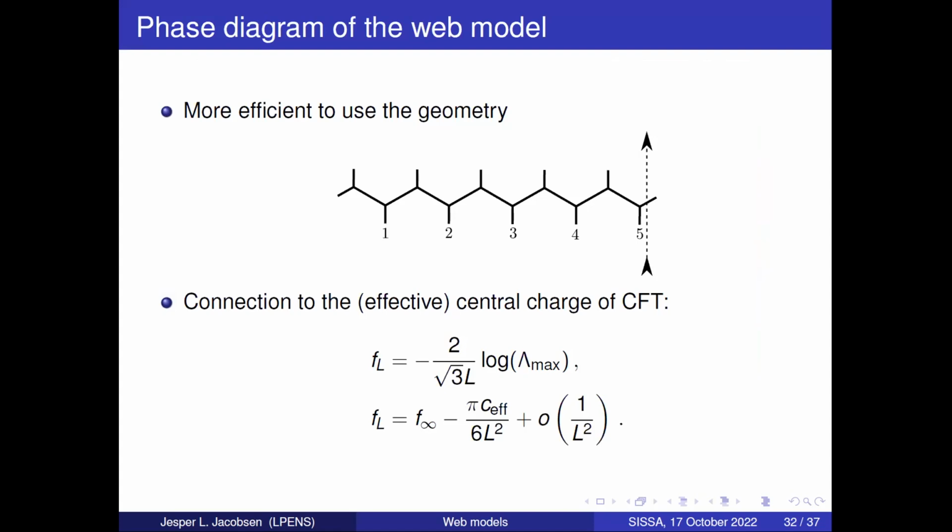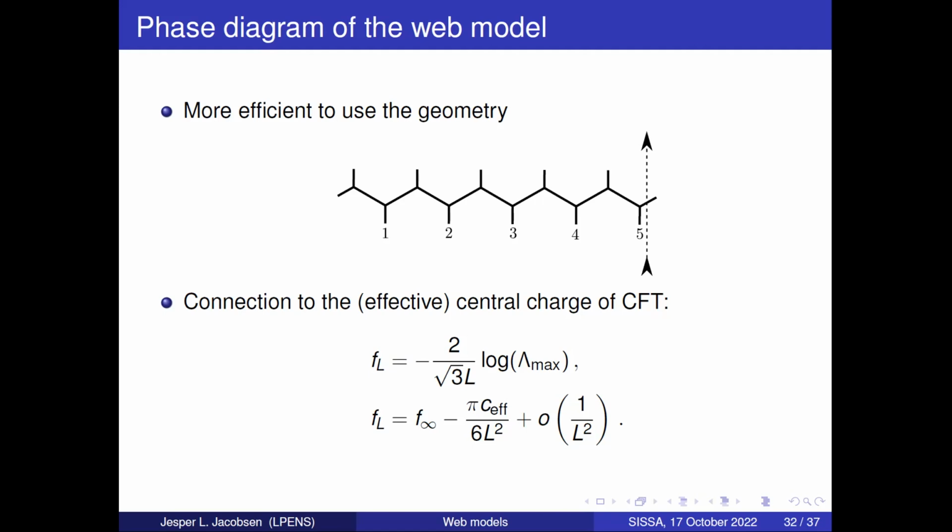Okay, let's turn the lattice a little bit and use this kind of geometry. So when you do a bit of conformal field theory, one of the first formulas that you come across is a formula that relates the free energy per unit area obtained from the largest eigenvalue of the transfer matrix to the effective central charge that you see on this bottom formula.